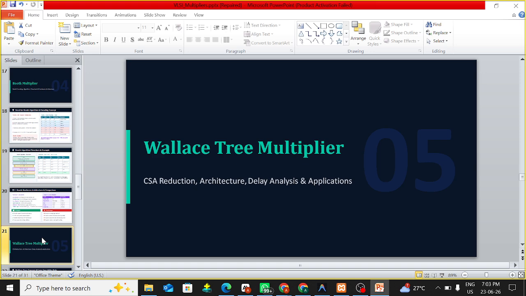Based on this idea only, the Wallace tree is going to work. You reduce three numbers into two numbers, ABC into sum and carry. Based on that idea only, this Wallace tree multiplier is going to work.